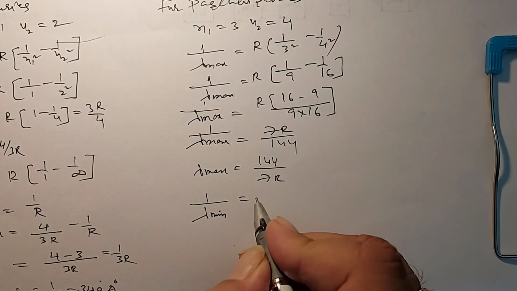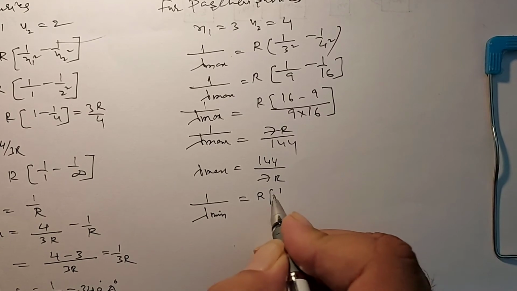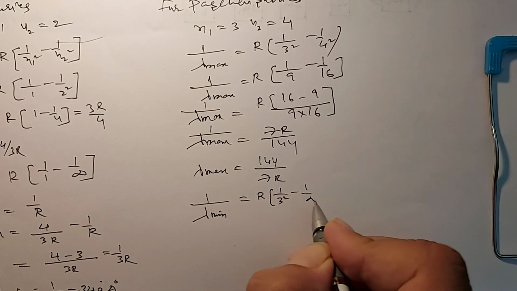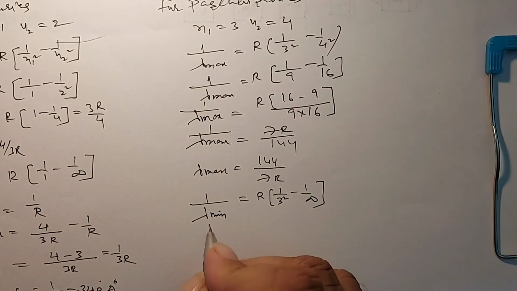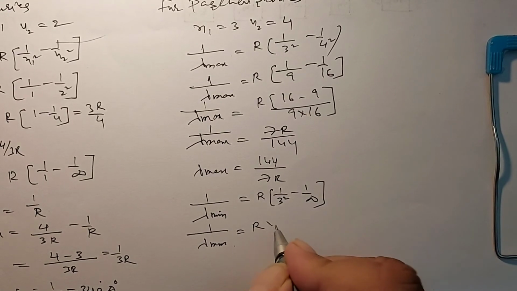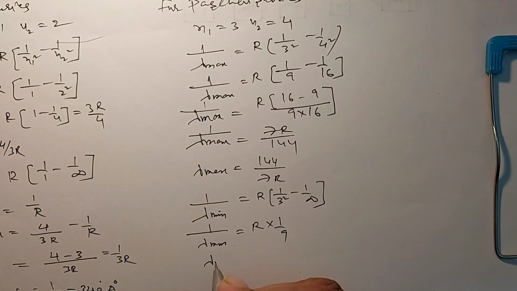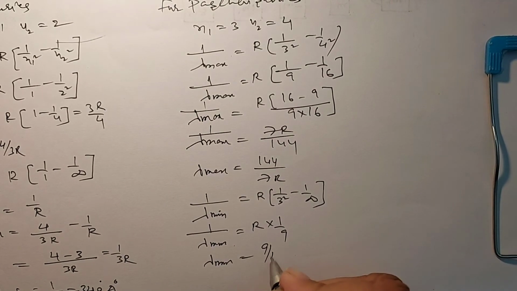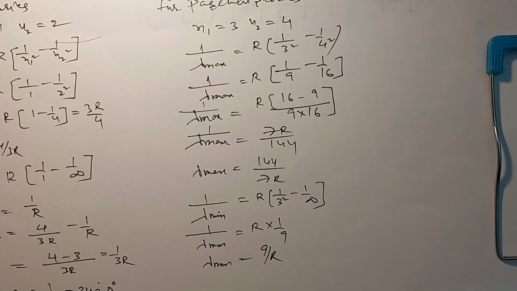That is equal to R into 1 by 3 square minus 1 by infinity. So 1 by lambda minimum is equal to R into 1 by 9, so lambda minimum is equal to 9 by R.